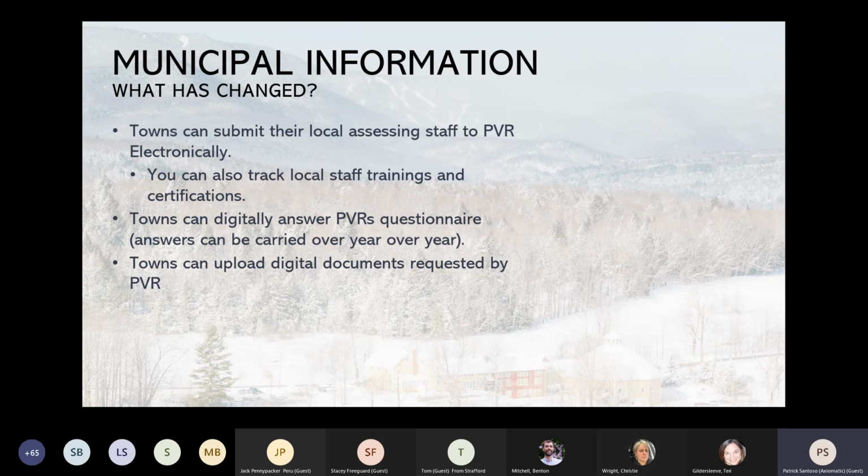So all of this is now within the system to be submitted annually to PVR. And optionally, you can track your staff training and certification. You don't have to put that in the system, but we've commonly heard it's difficult to keep track of who has taken what training and what CEUs they need to maintain their certifications. So that is available. It's not required to be tracked in the system, but it is available for you.